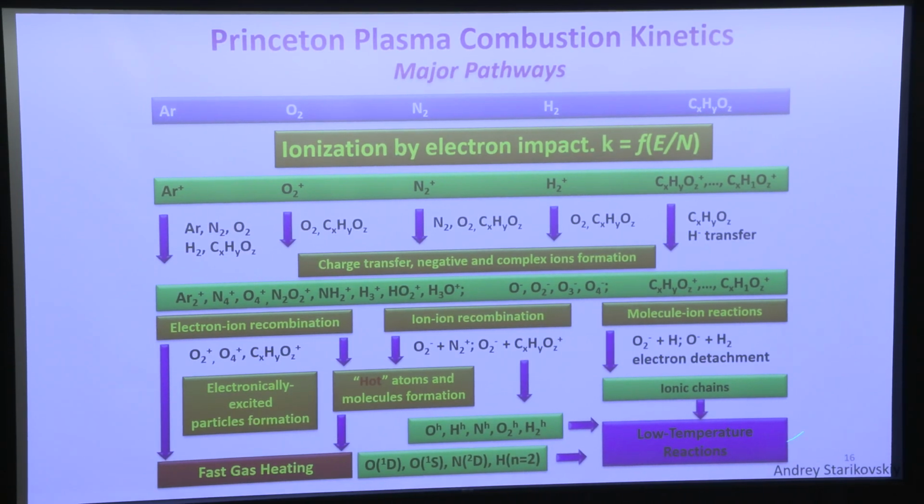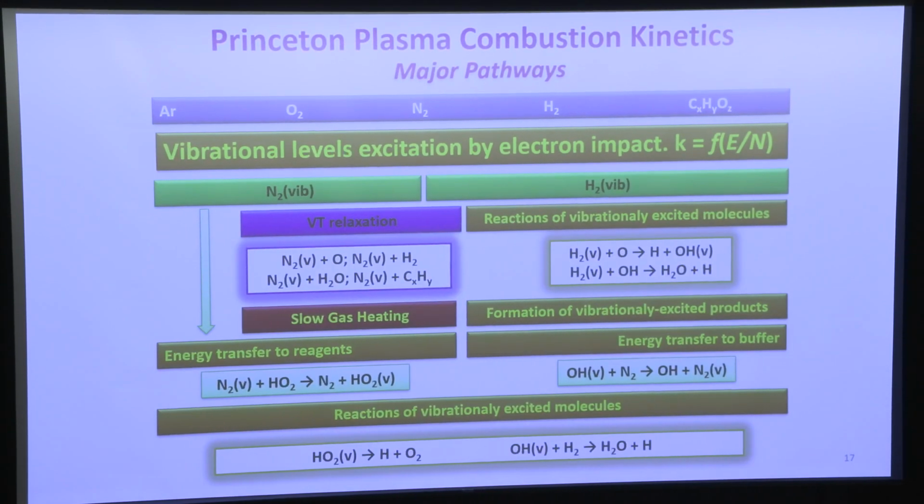Eventually they accelerate low temperature chemistry, but you don't have to consider all of them. It can also generate vibrational states. The vibrational state can change the reaction rate, which is slightly different from combustion, and that gives you a new reaction channel that typically does not exist in combustion.